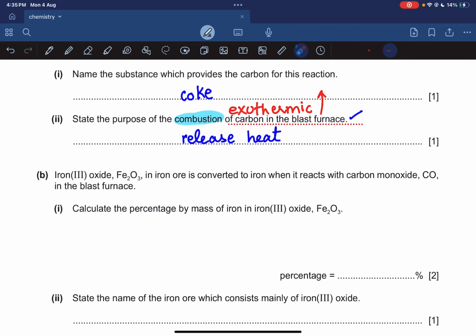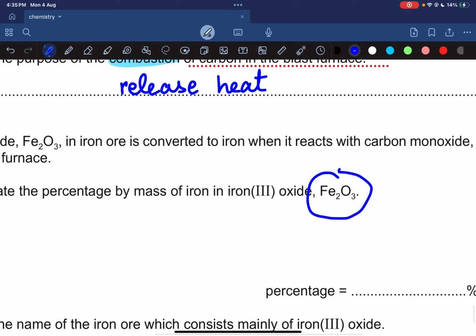Calculate the percentage by mass of iron in iron(III) oxide, Fe2O3. I guess that's very easy. Iron is 56, and over here we have 2 irons, so 56 times 2 upon the total.